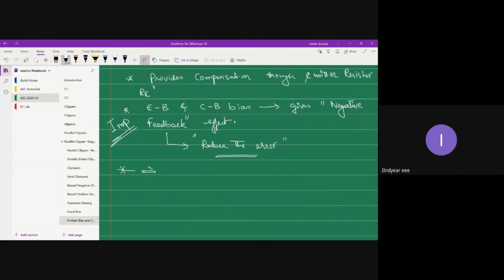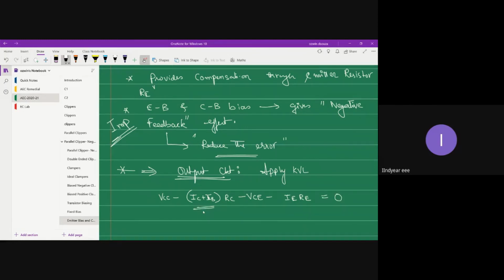Finally, I have 4 minutes, no issues. Output circuit: apply KVL in the output circuit. What do you get? VCC minus (IC plus IB) into RC minus VCE minus IE into RE is equal to 0.